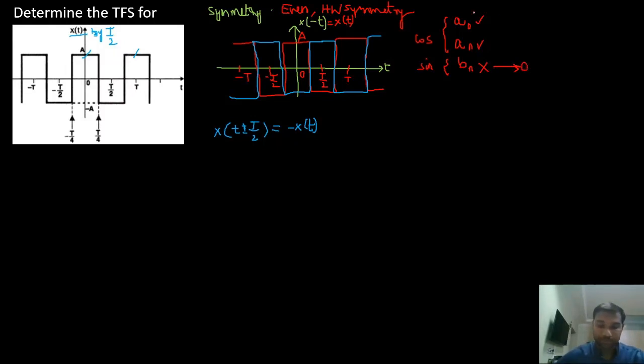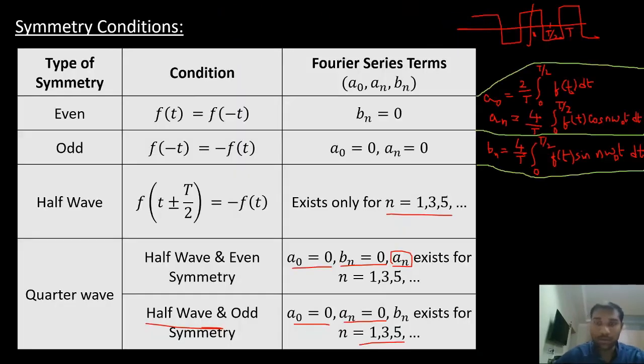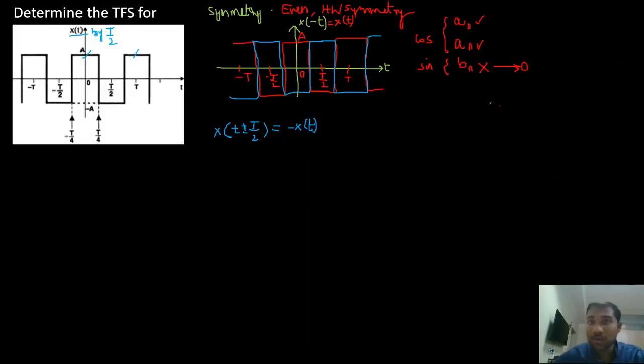Now A0, we have already found that the signal also shows half wave symmetry. What will happen if we have half wave symmetry? If we have half wave symmetry, we'll only have odd harmonics. That is, for n equal to odd numbers only, we'll have the harmonics. All the even harmonics will vanish, right? So A0 is an even harmonic. So this will vanish because of half wave symmetry.